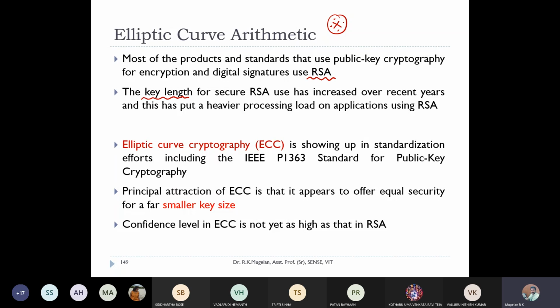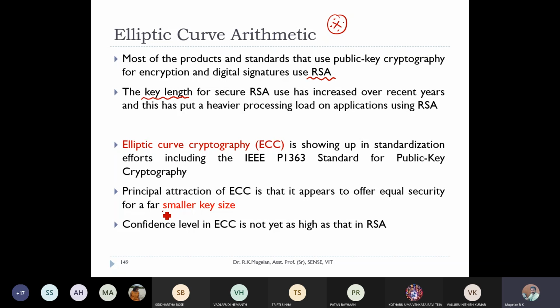To reduce this key length, they introduced a method called elliptic curve arithmetic, which gives elliptic curve cryptography. Actually, elliptic curve cryptography is not a separate cryptographic technique. It is like an add-on, like the add-ons in our browsers that assist us. In the same way, elliptic curve cryptography is an add-on to any of the public key cryptographies, so that it can reduce the key size.